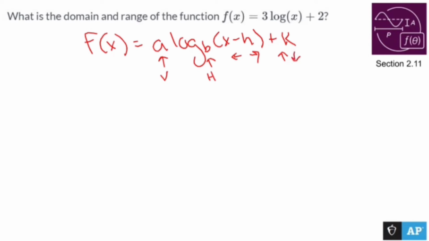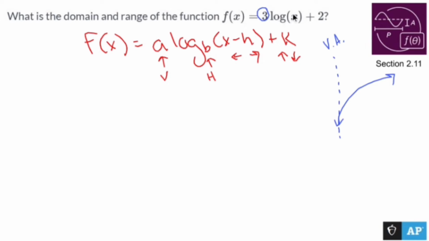What's really important is the fact that a is a positive number. If a is positive, a log is going to be graphed like this. As you see, on the left here there's like a brick wall that this guy hits. This is a vertical asymptote. That vertical asymptote says you're not allowed to plug in any numbers over on this side. Why is that?